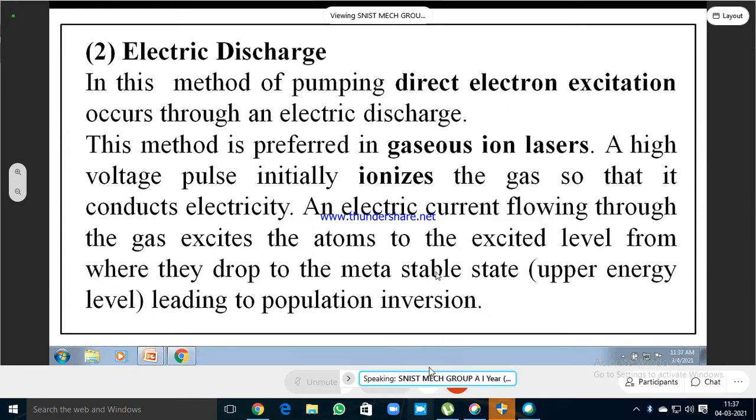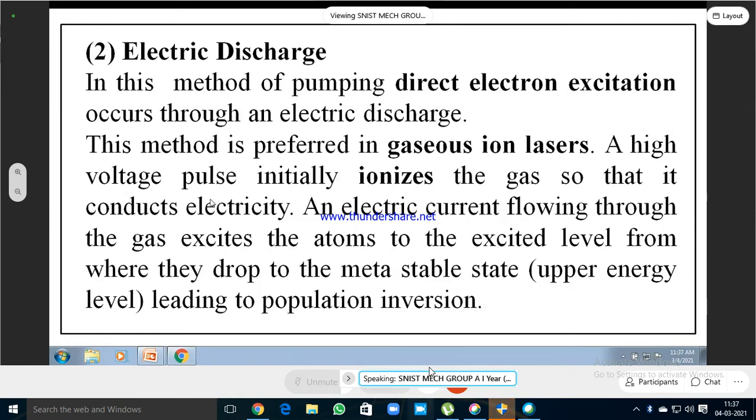Those electrons can excite the different energy levels, and then the atoms come down, with spontaneous emission, as in normal lights. So here the electrical current flowing through the gas excites the atoms to the excited level, from where they drop to the metastable state, leading to population inversion.